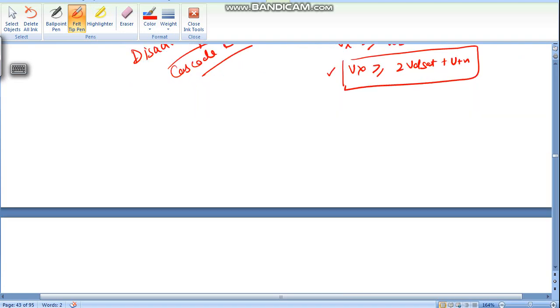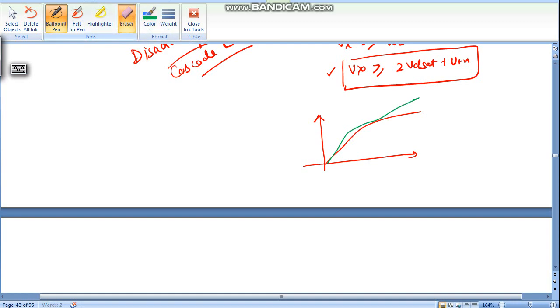If we compare the output characteristics for both the simple current mirror and this one, say this is for cascode. Then the simple current mirror will come like this, and this slope will be more.